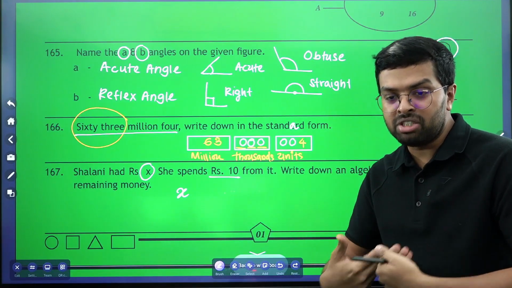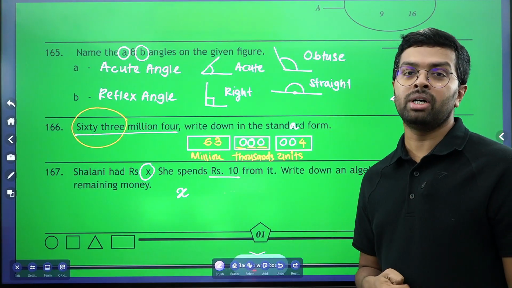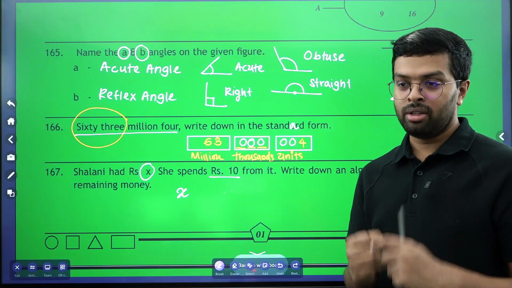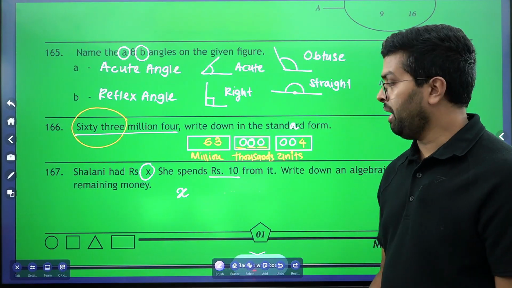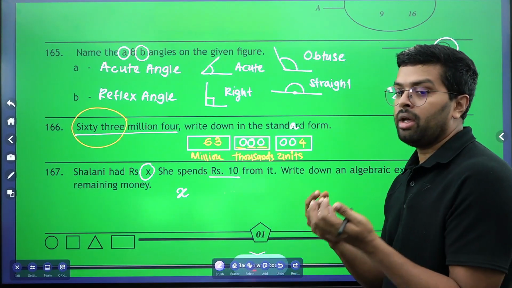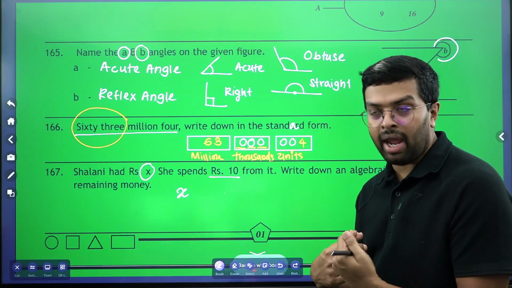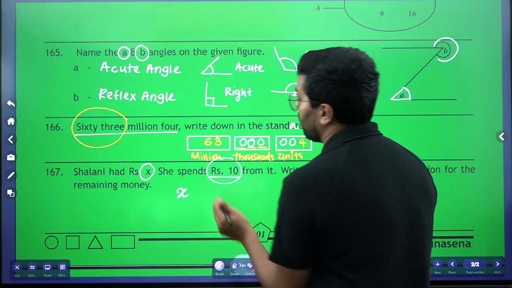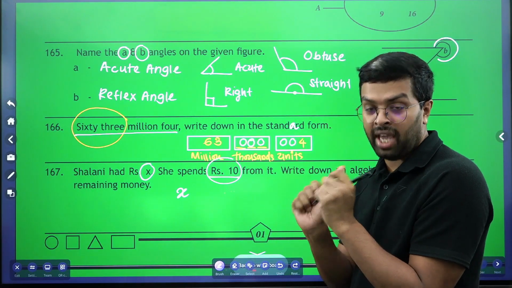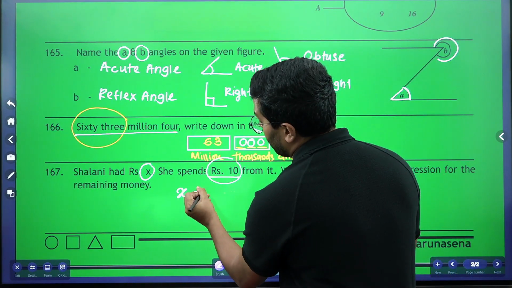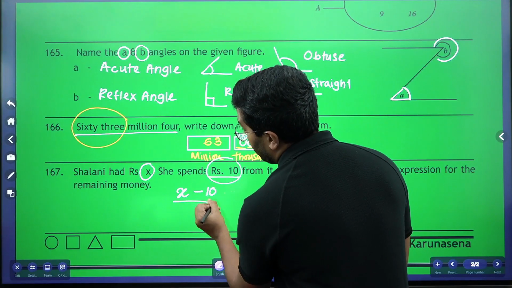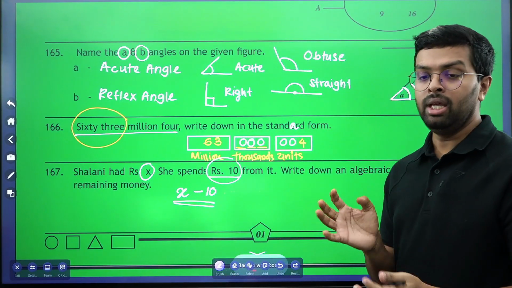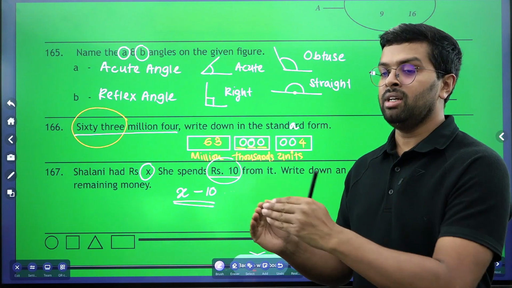So 10 rupees will be reducing from her pocket, right? So we have to subtract this 10 rupees from the initial amount she had, which is X rupees. Now the remaining amount of rupees will be X minus 10.